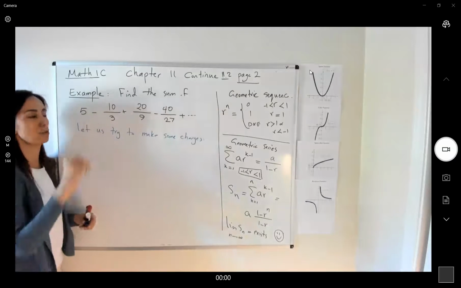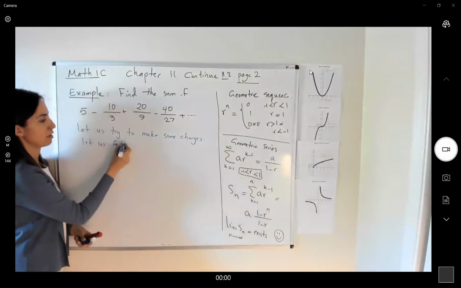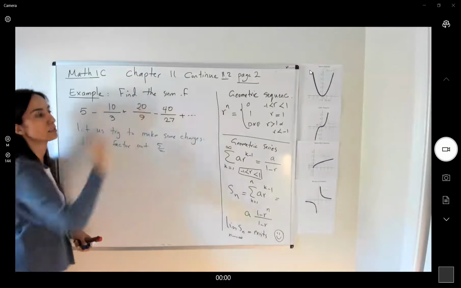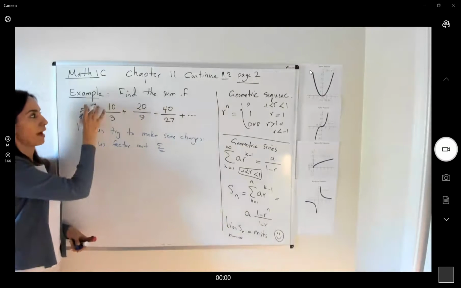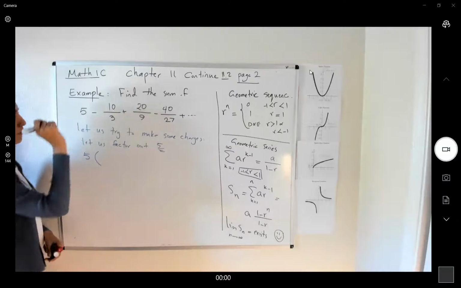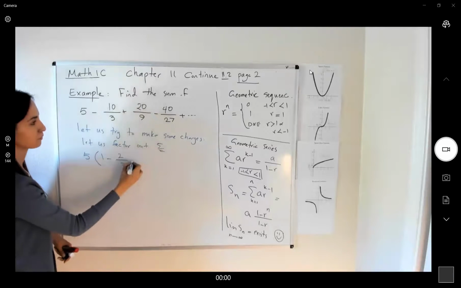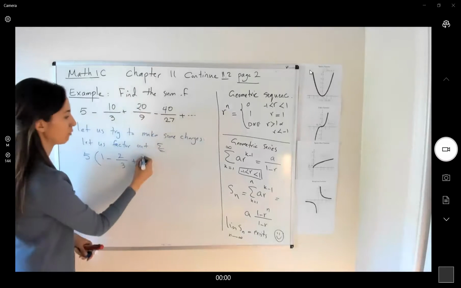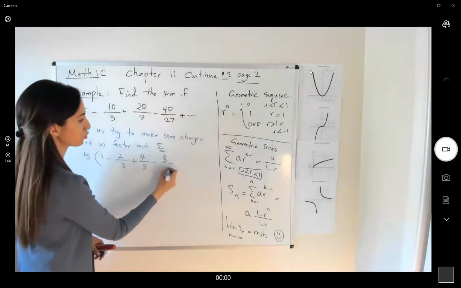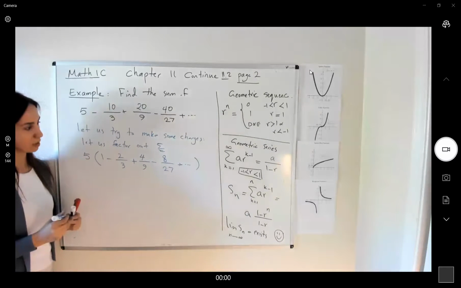What do I mean by that? For example, I want to factor out 5, because all of these fractions have factor 5. So 5 outside parentheses, if you factor out 5, you get 1 minus 2/3 plus 4/9 minus 8/27 plus the rest.